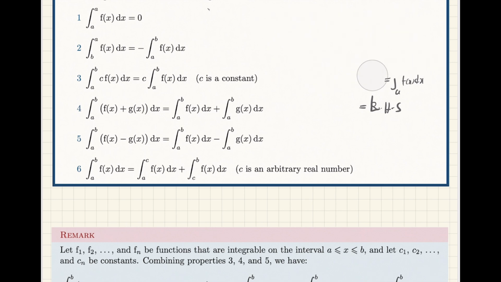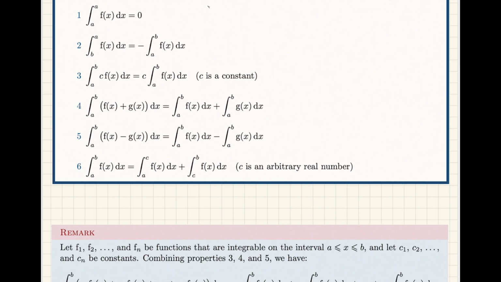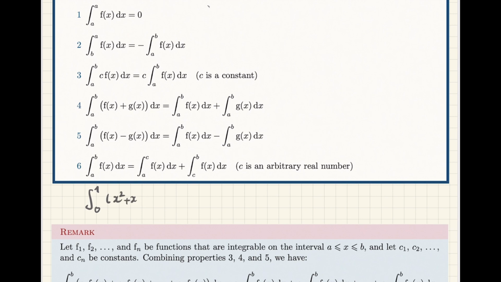These formulas are not important if you want to calculate the integrals. So for example, let me also mention this here. For example, if you want to calculate the integral from 0 to 1 of x squared plus x dx, in principle, according to this rule, I can break it into two parts: the integral of x squared plus the integral from 0 to 1 of x dx.